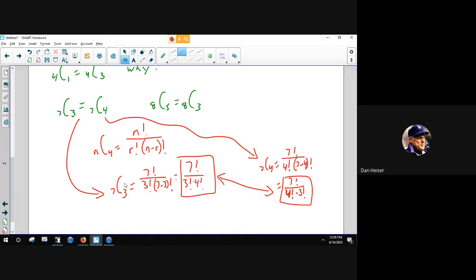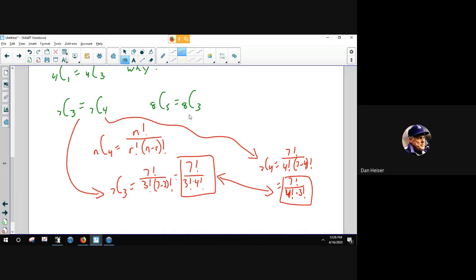That is true of any two nCr pairs whenever the r's add up to be n. Here we have r is 3, r is 4. They add up to be 7. 5 and 3 add up to be 8, which is also n. And we get the same thing here. This is 5 factorial times 8 minus 5 factorial. 3 factorial times 8 minus 3 factorial. So on the left, we would get in the denominator 5 factorial, 3 factorial.